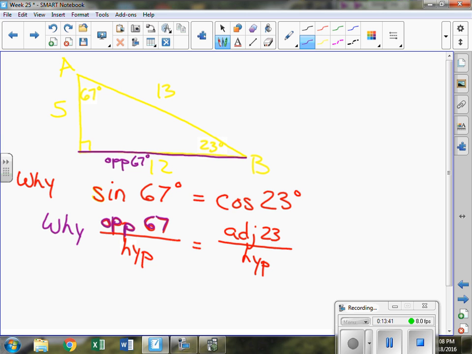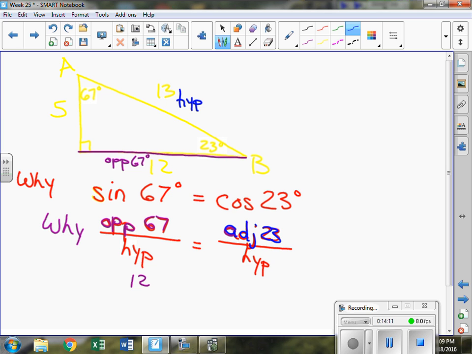We have to use the sides of the triangle. Okay, so there's our 12. What about adjacent to 23? Well, remember, 13, the longest side, is always the hypotenuse. So it's 5. When we say adjacent, we mean the adjacent leg.